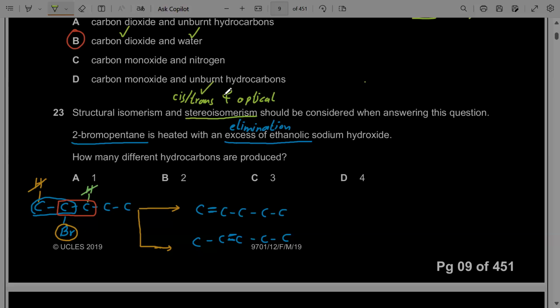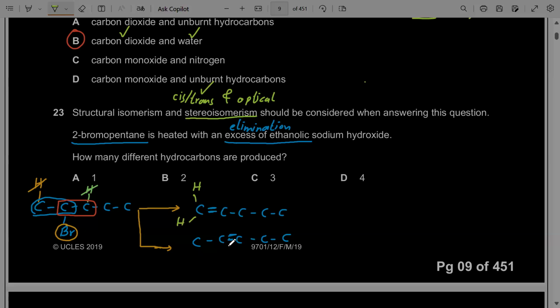But we can consider cis trans. For the condition required for cis trans, we should have a double bond. Since there are 2 hydrogen atoms on this carbon, it cannot produce cis trans.